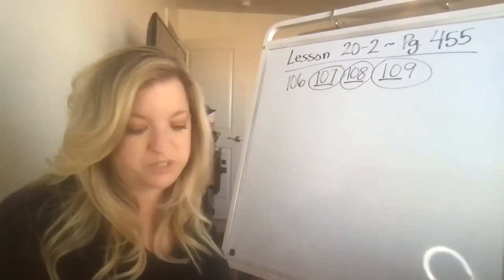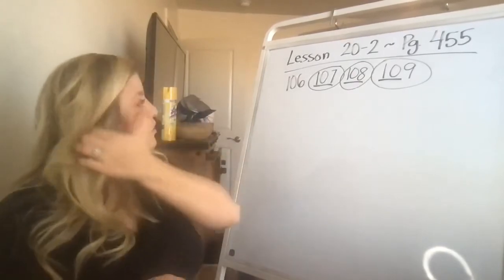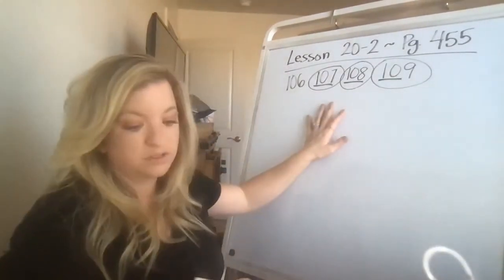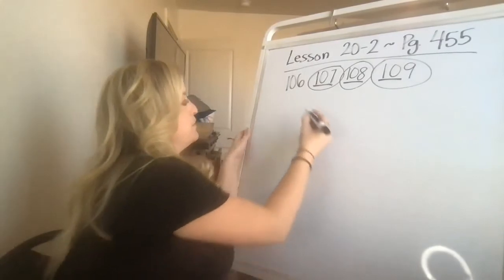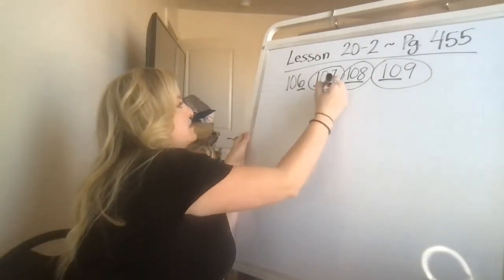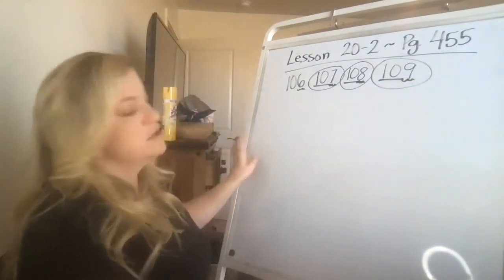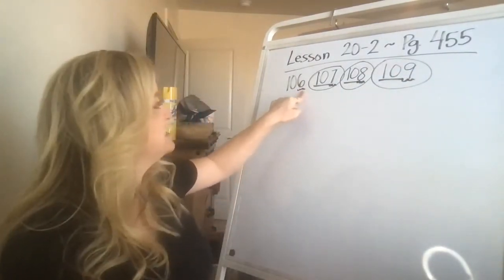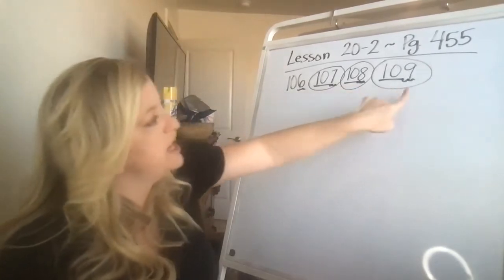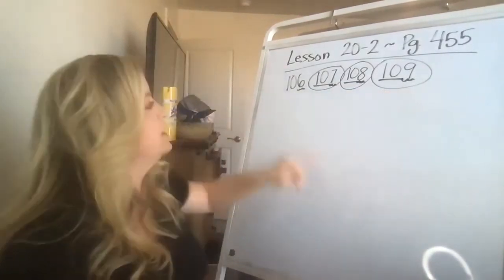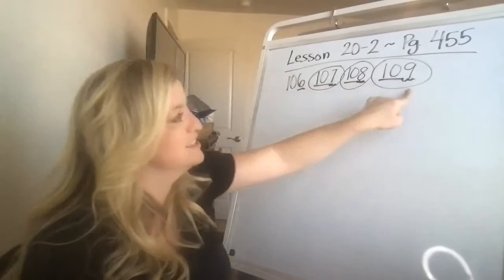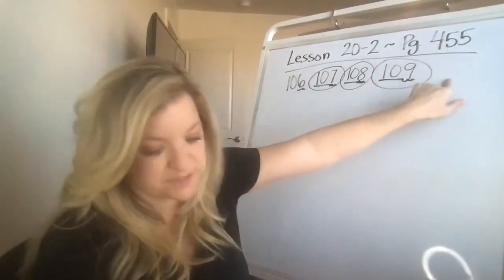Number 2, how is counting numbers greater than 100 like counting up to 10? Oh, it's similar because look at this, boys and girls. 6, 7, 8, 9. Look at how these last digits in the ones place are like counting up to 10, right? 6, 7, 8, 9, and then comes 10.